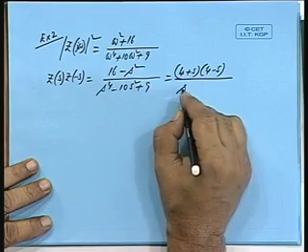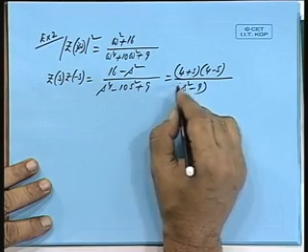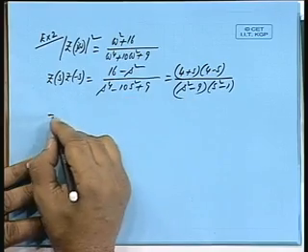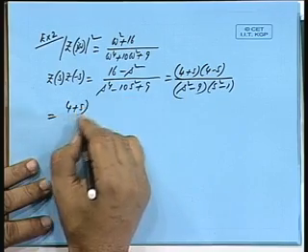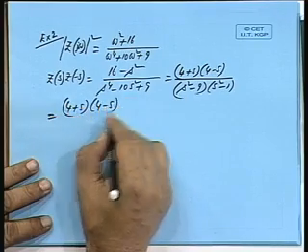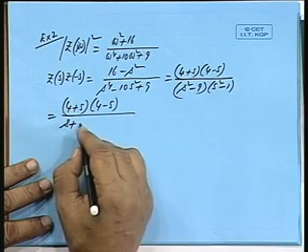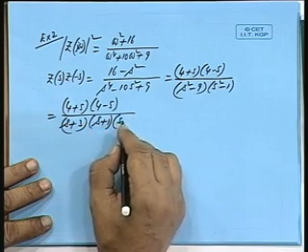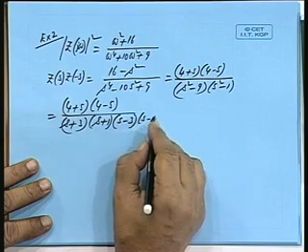This gives me (S squared minus 9) into (S squared minus 1), which gives me finally (4 plus S) into (4 minus S) by (S plus 3) into (S plus 1) into (S minus 3) into (S minus 1).